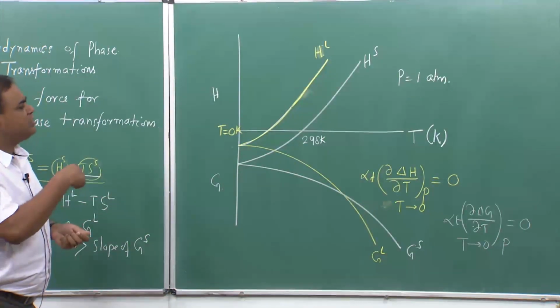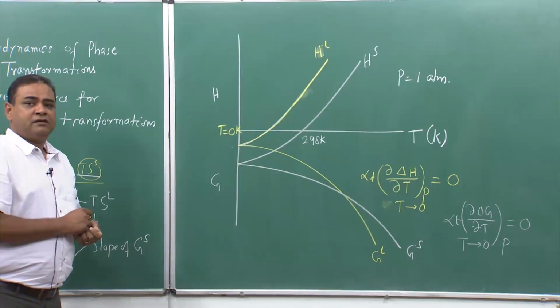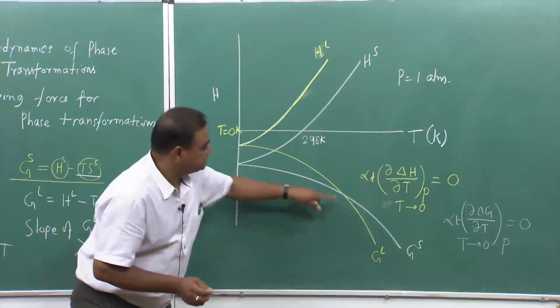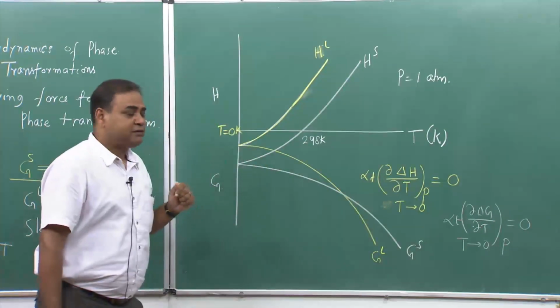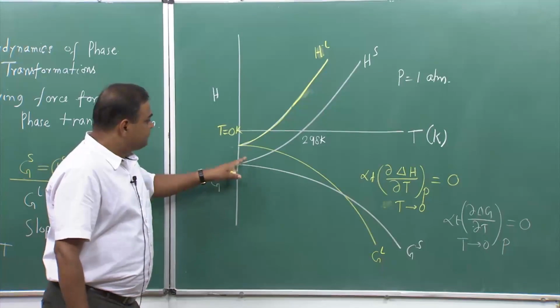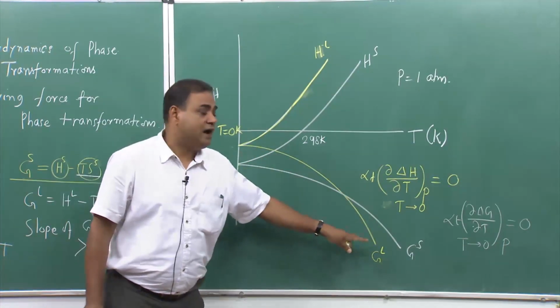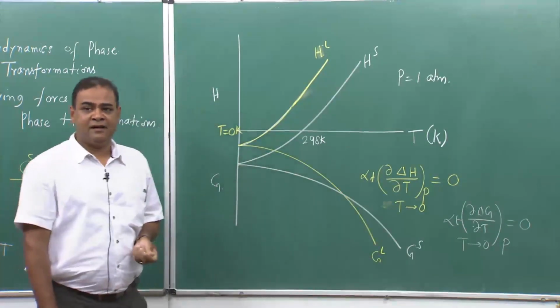But we will not go in depth in that particular third law of thermodynamics. We will concentrate on these two graphs, okay. And according to these two graphs, it is very clear the slope of the liquid line is higher than the slope of the solid line, and that is why they are crossing.